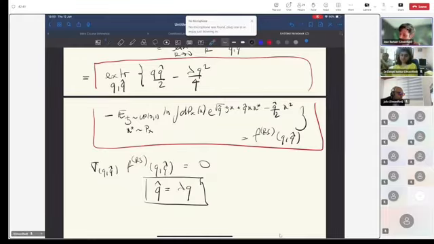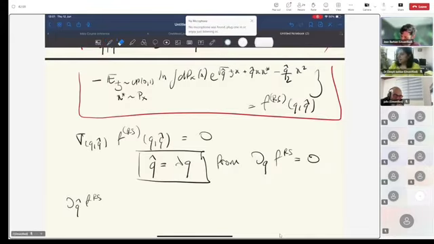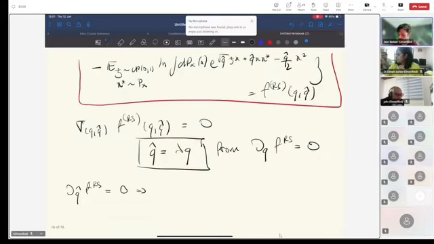Now, this equation follows from the partial derivative with respect to q. And the other equation, with respect to q hat, gives the equation that Q verifies, the self-consistency equation that I gave at the beginning.